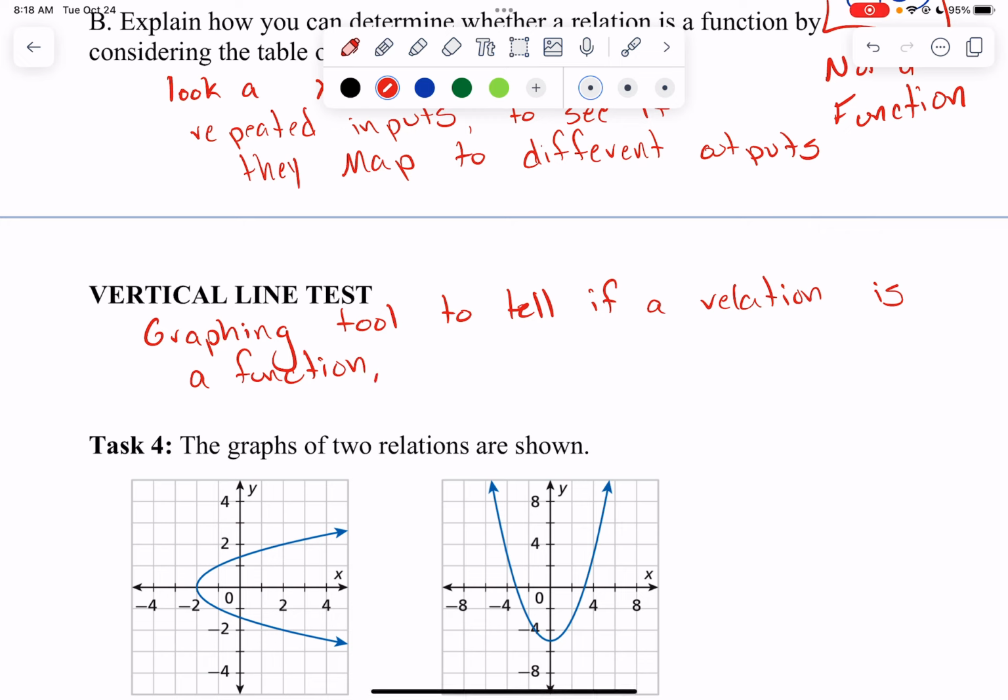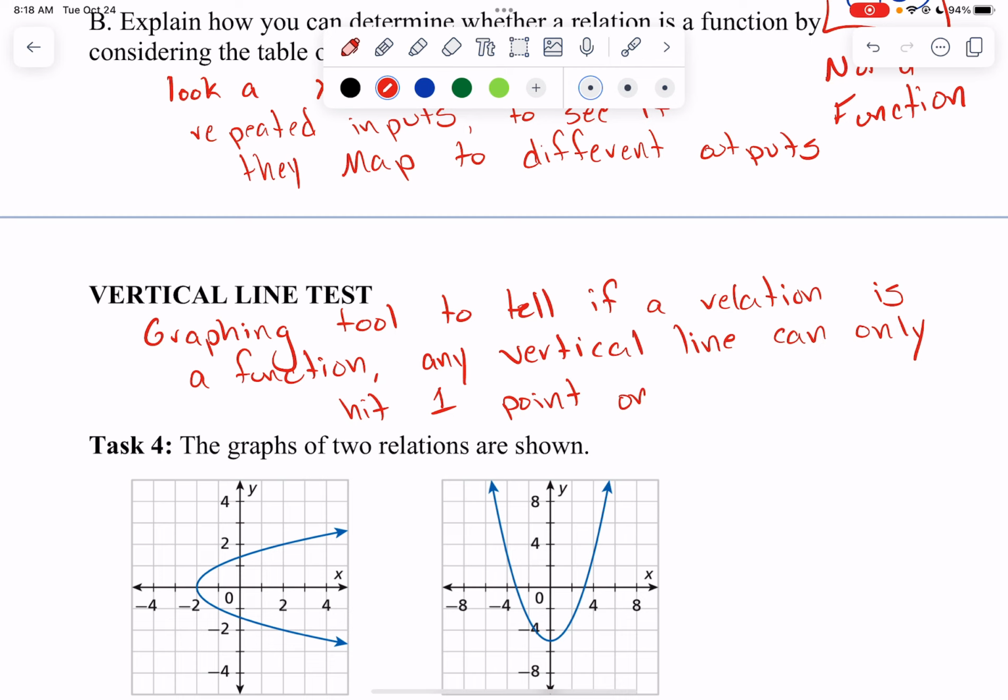Basically, any vertical line can only hit 1 point on the graph to be a function.